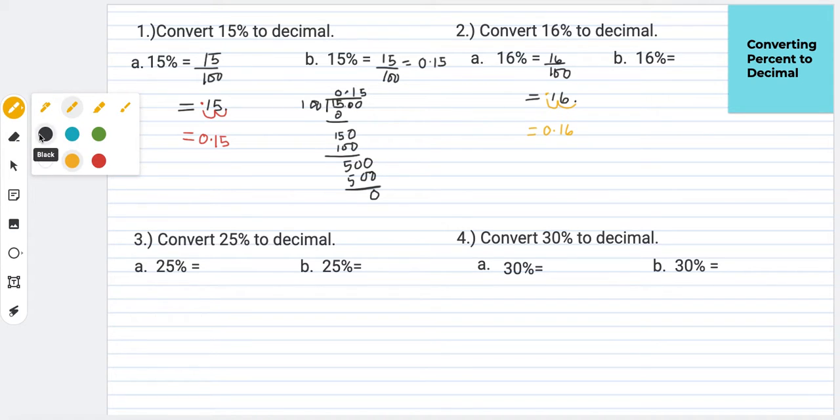Another method, we have to do the same, 16 divided by 100.